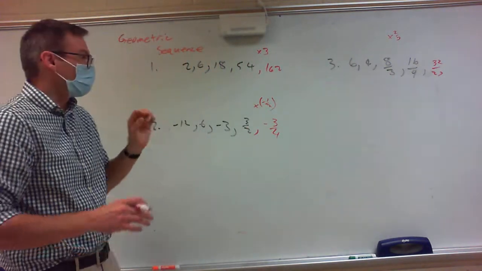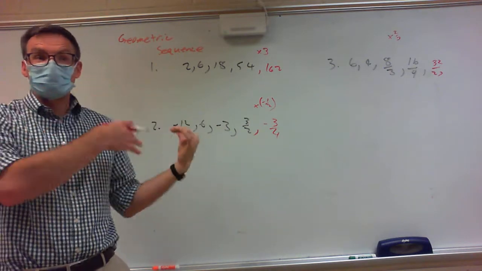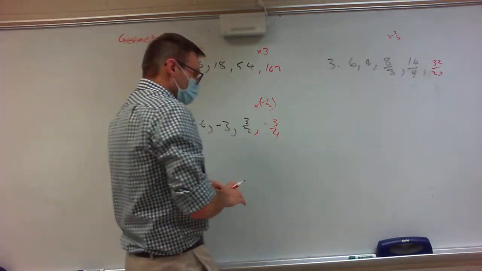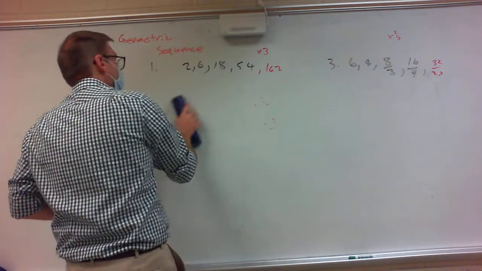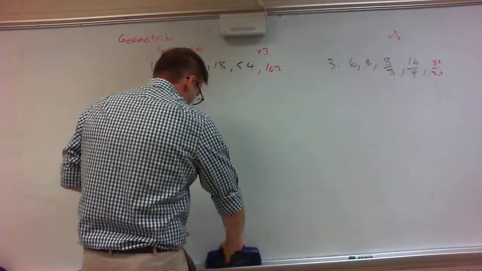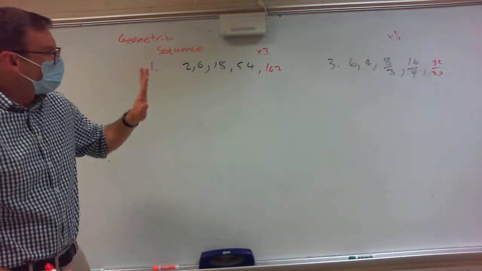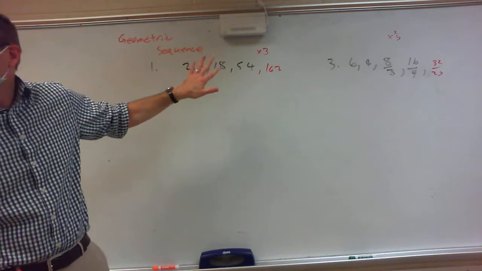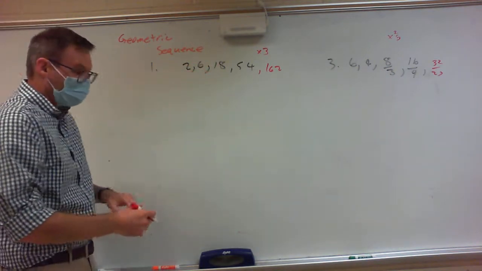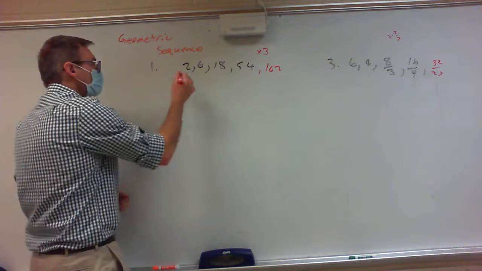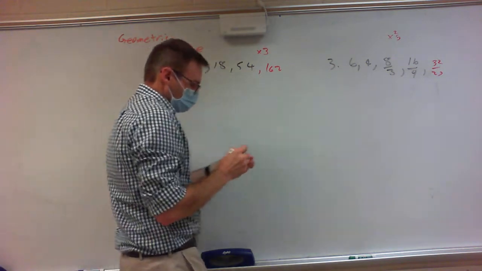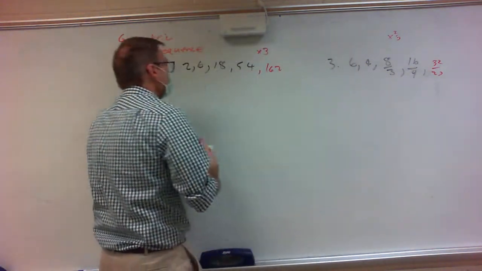And so now I'm going to introduce some terminology for a geometric sequence. And the way I'm going to do it is I'm going to start with this first one. Okay? So we're going to look at this first example. Anytime I deal with a sequence, I go ahead and put dashes because that's how I kind of draw pictures with sequences.